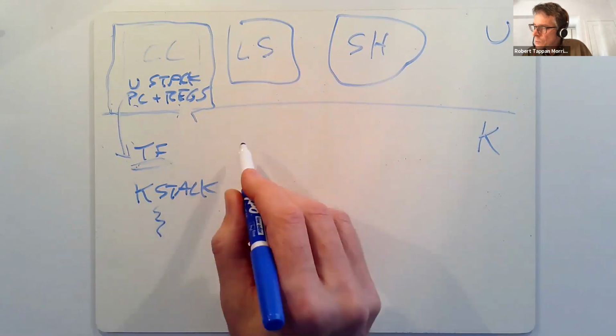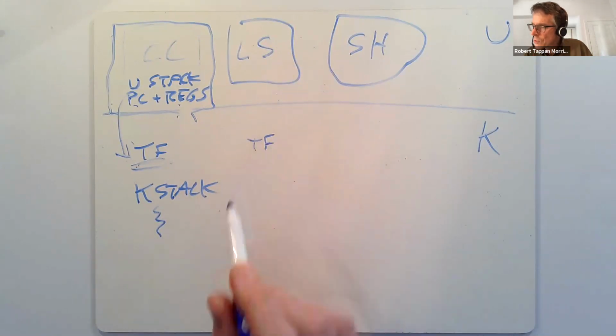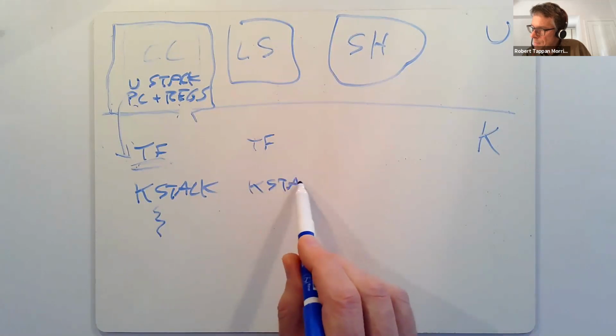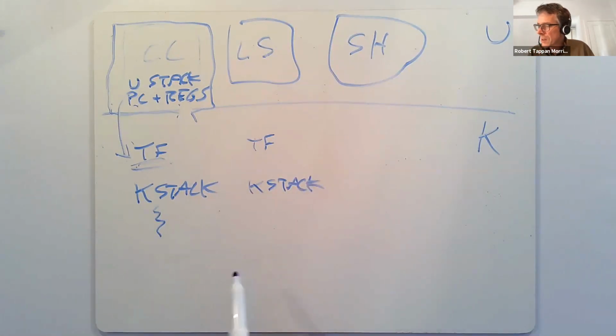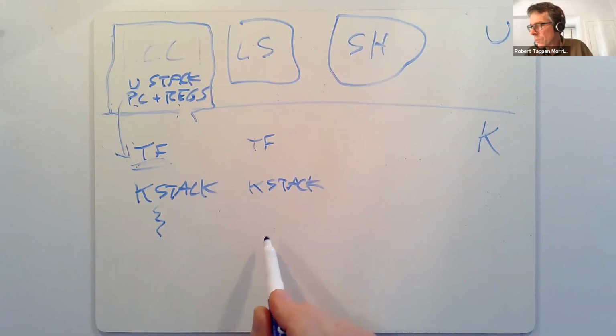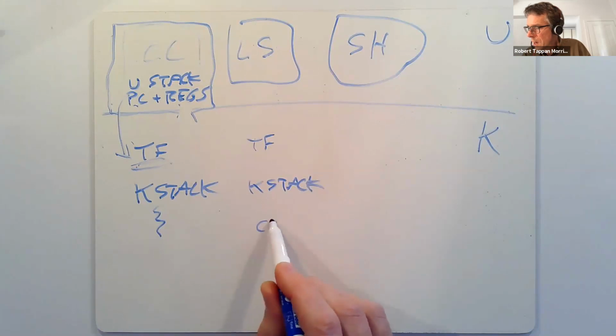And so LS will actually have a saved trap frame with user registers and its own kernel stack. And as it turns out, a saved set of kernel registers associated with the kernel thread, which is going to be called the context.